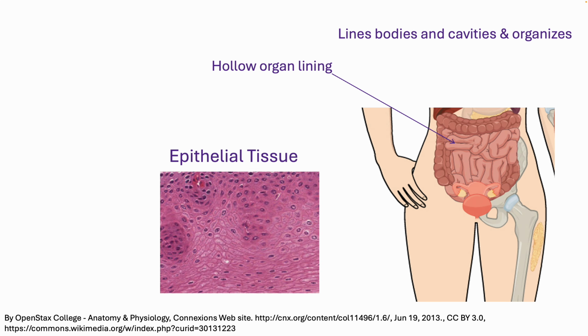The inside of the hollow organs is referred to as the lumen, and the epithelial tissue will line the lumen. In addition to that, it's going to be the covering of our outer body, so the epidermis, and thus it'll make up a large component of the skin.